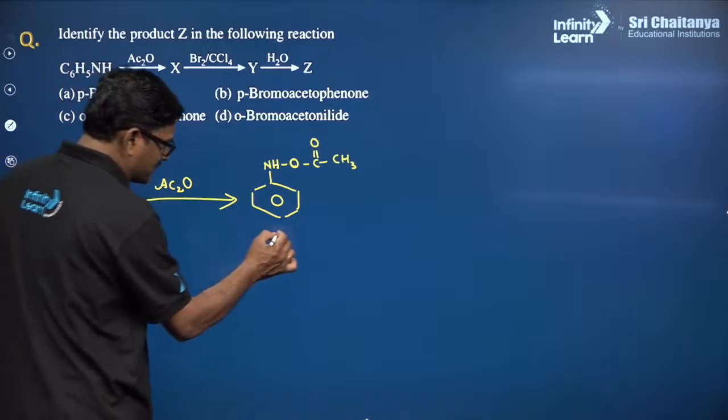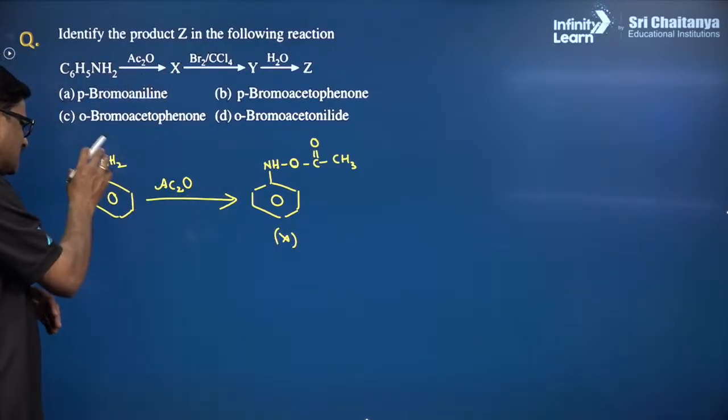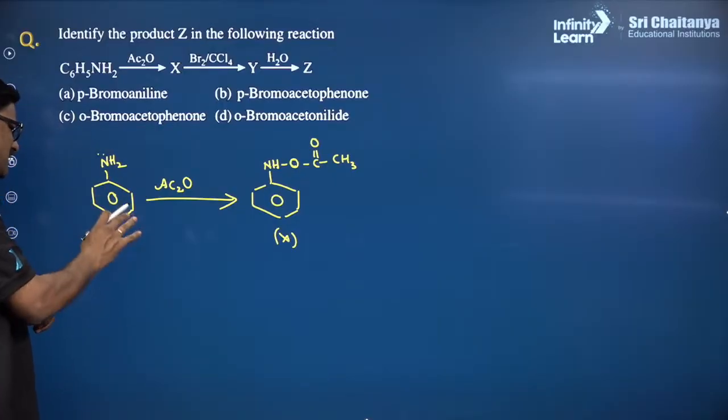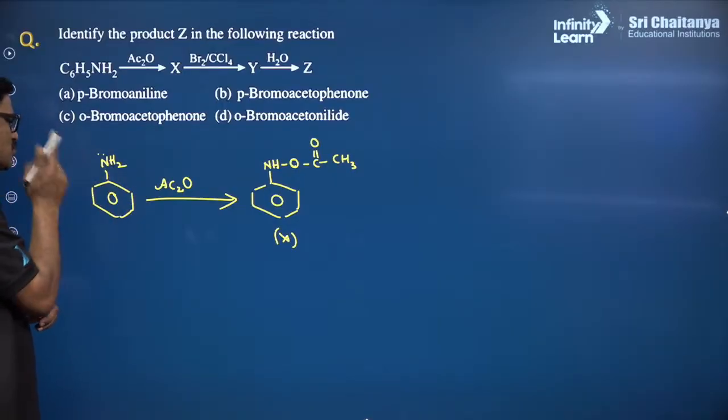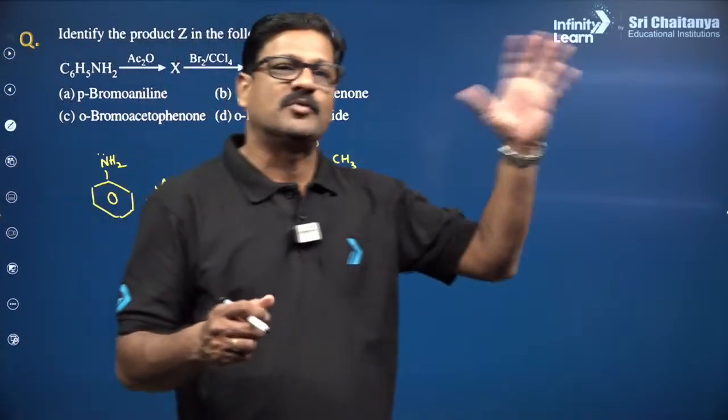This is your X. This reaction protects the amino group. Why? Because the amino group on the benzene in aniline is a super activator of the ring, which gives polybromination.